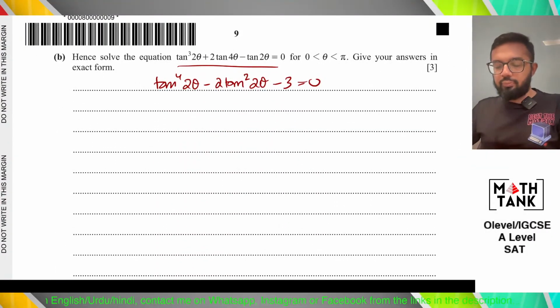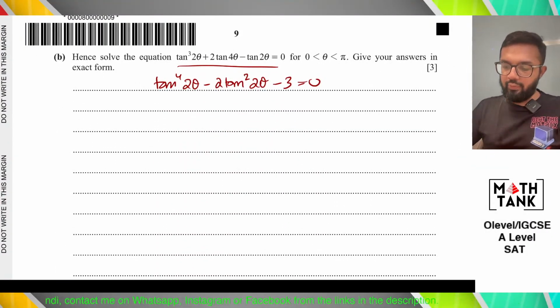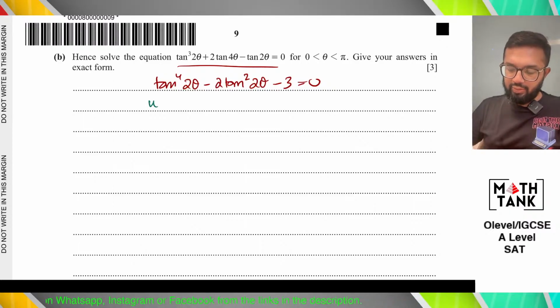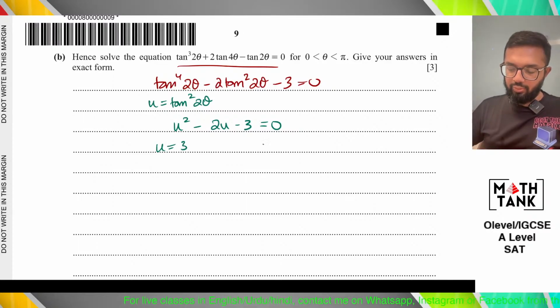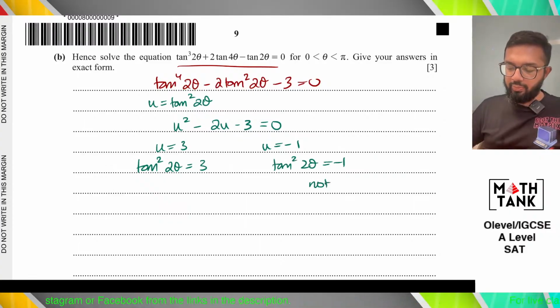Okay, so instead of solving this, I'm going to solve that. This is a disguised quadratic equation. So again, u square minus 2u minus 3 equals 0. So u is either equal to 3 or u equals minus 1. That's the value of tan square 2 theta. And tan square 2 theta equal to minus 1 is not possible.